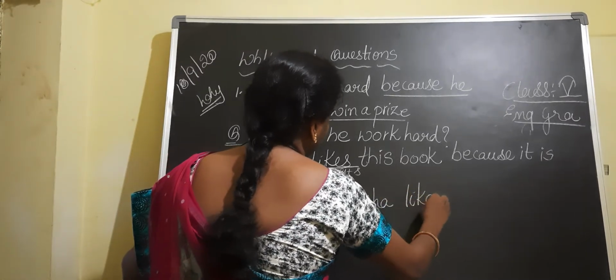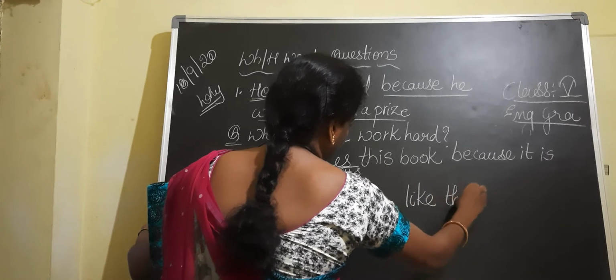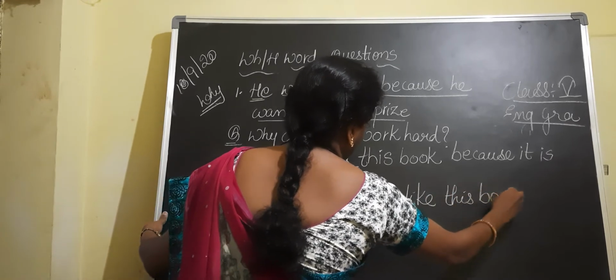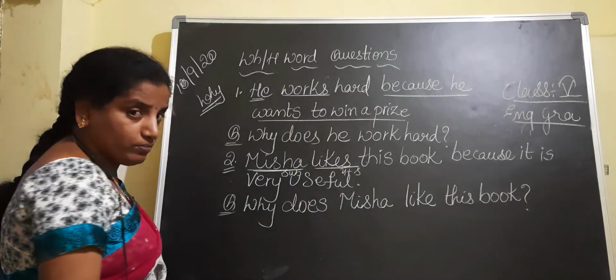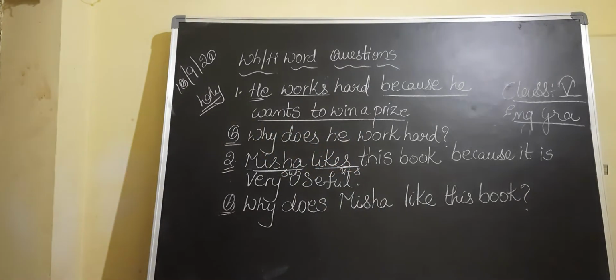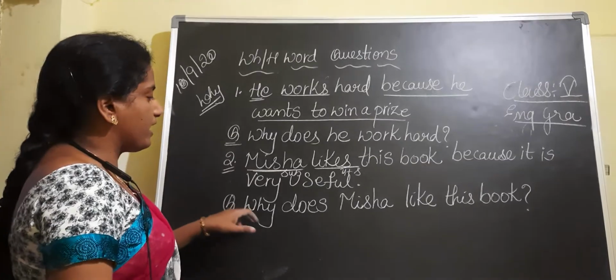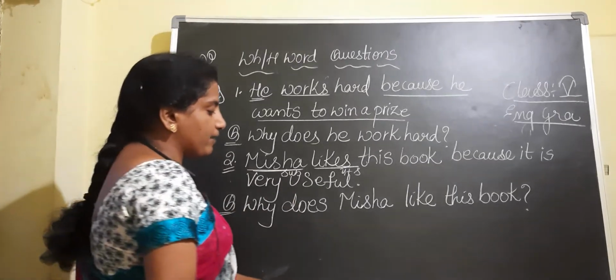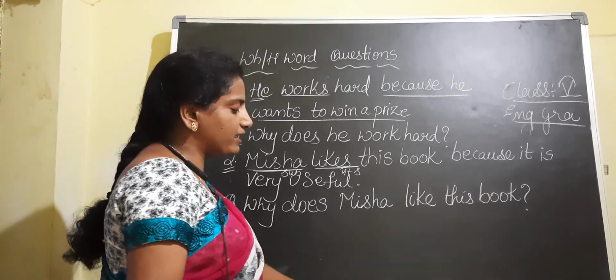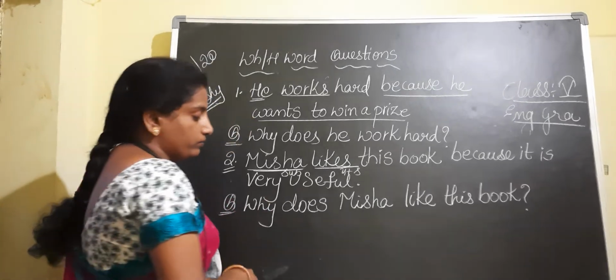Why does Misha like this book? Okay children, it is clear to you. Why does Misha like this book? Let us discuss one more example, then we will conclude this, then we will move to how.